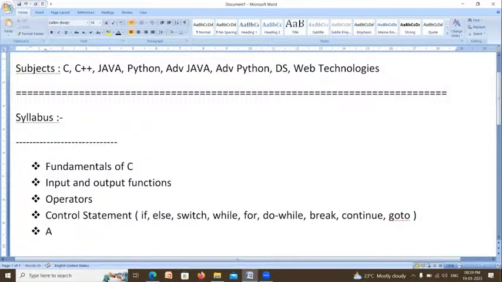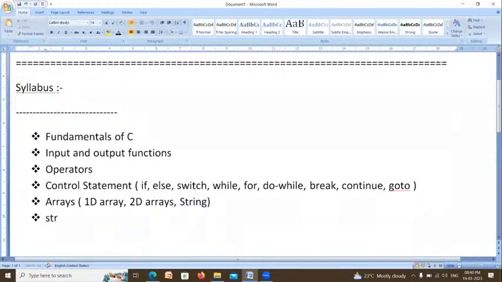Now I will explain the concept of arrays. It contains 1D arrays, 2D arrays, and strings. Then I will explain structures, unions, enumerators, and typedef, meaning user defined data types.